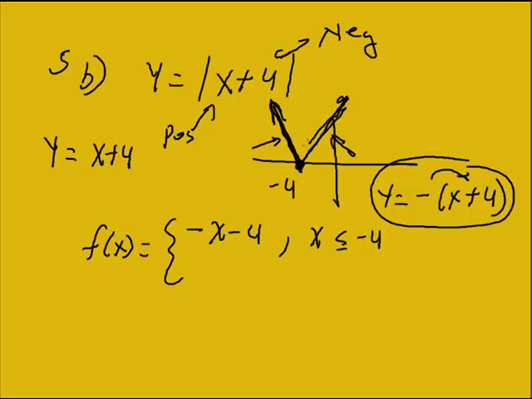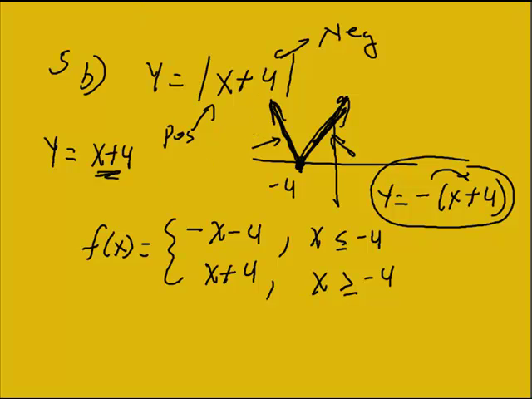That means it's a line that has a positive slope. That's got to be that. So x plus 4 when x is, now you can use greater than or equal to, or you can just use greater than, because they meet right there anyway. So we'll just use greater than or equal to -4. You get this line.